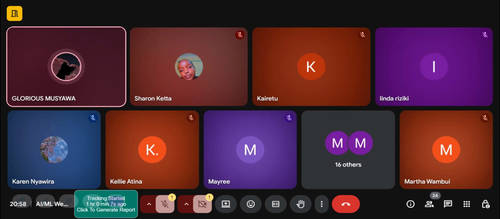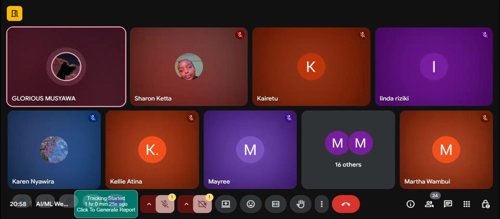Just to repeat the groups. Group 1 is Faith Chepngeno, Sharon, Lavender, Audrey, and Atina. Group 2, we have Karen, Linda, Imani, Marianne, and Nicole.